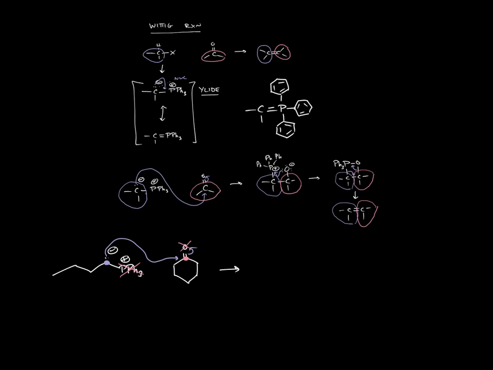And therefore, I would have my 4-carbon chunk, which would then have a new double bond to my 6-carbon ring. So you can see that in the product, this is the carbon that was the nucleophile in the ylide, and this is the carbon that was the electrophile in the carbonyl.